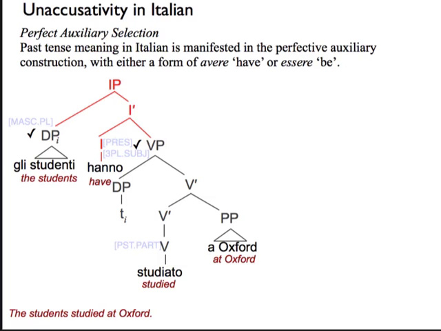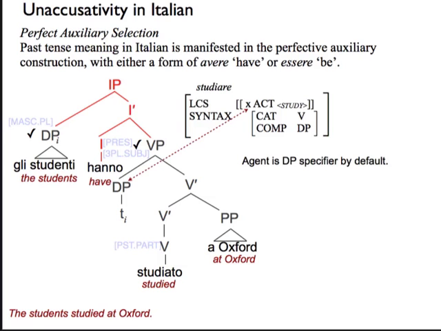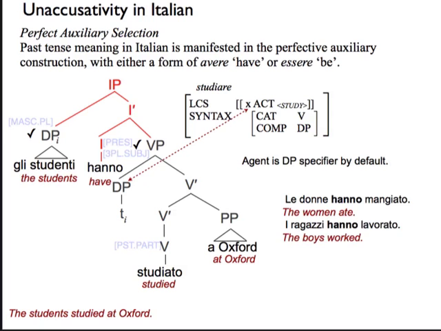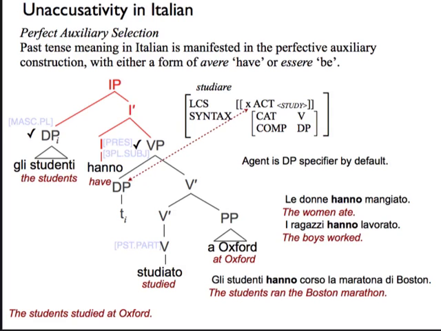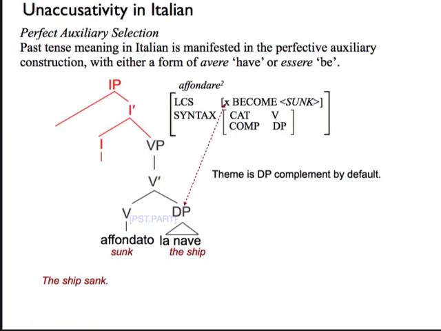It's the specifier of VP. So the agent is the specifier by default, right? And then we have other cases like this, where you have intransitive verbs that use avere.